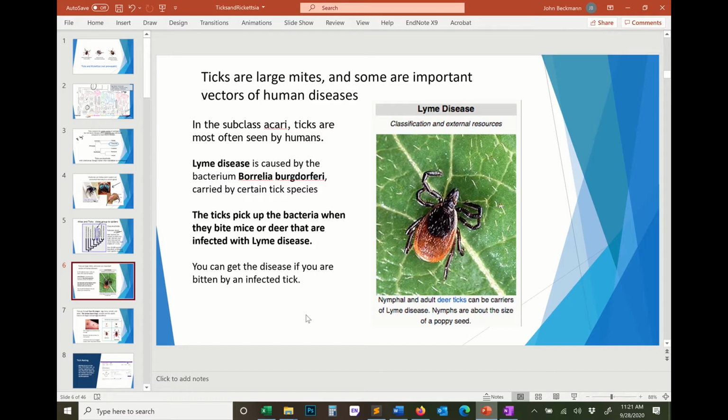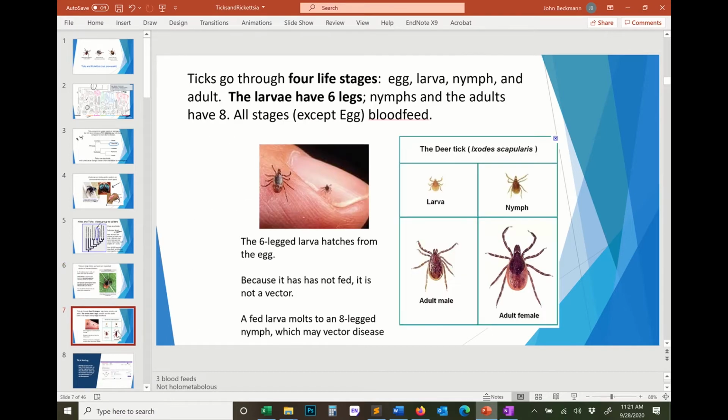Okay, so the life cycle of ticks. Ticks go through 4 life stages, and they're kind of unique. Technically, you'd say that they're not holometabolists because they don't go through metamorphosis. But I don't think you can actually say that they're hemimetabolists, because Hemimetabola is a group of insects, and ticks aren't insects.